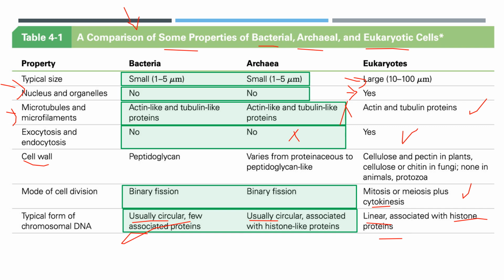If you go on and study in more detail, you will see that these associated proteins in archaea are like histones. So even in this chromosome, you can start seeing more differences. If you see it from very far, from very general, they seem to be very similar. However, new tools have allowed us to study that in more detail.